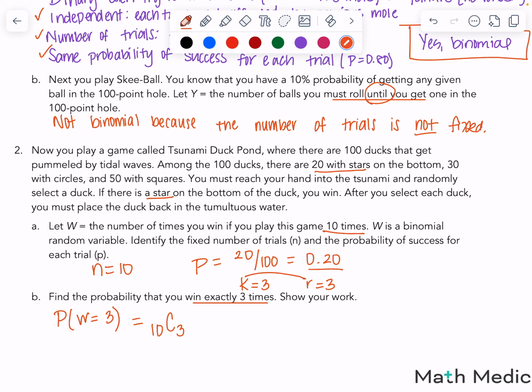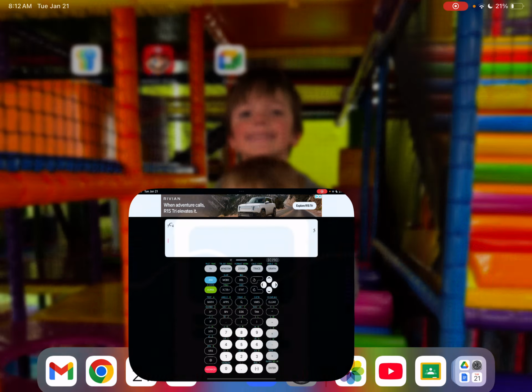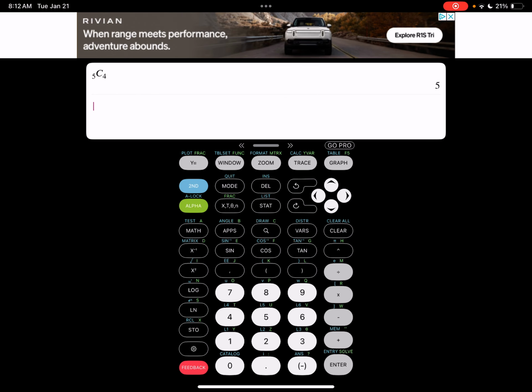Let's actually make sure that we find that number. We're comfortable with finding that number first before we calculate anything else. So go to your calculator and make sure that you can get here. So math, probability, and oops, I hit the wrong thing. Math, and then mine is the third selection down, and I want 10 choose 3. Okay, so hit enter.